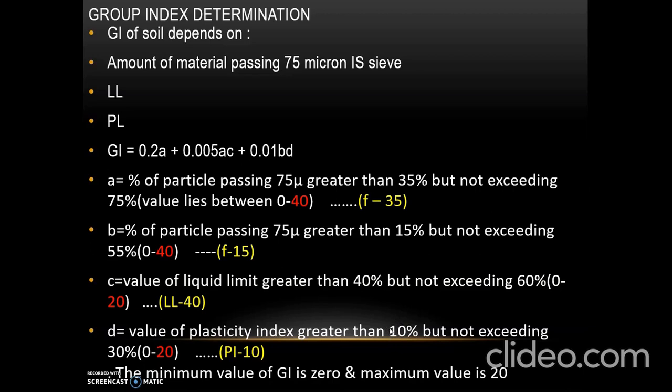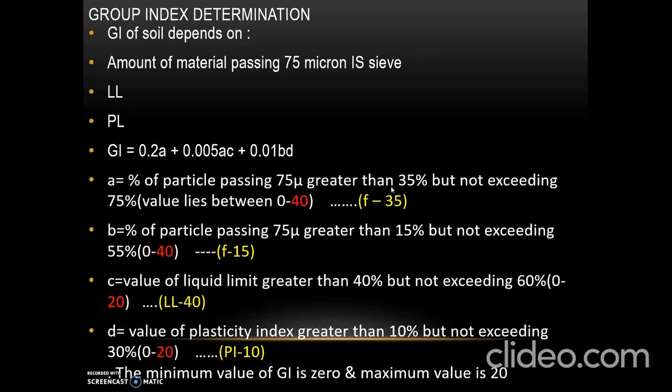If suppose the value is 9%, then we will have to take it as 0. And if it is 20%, then it will be 20 minus 10. That will be 10. So the D value will be 10 in that case. Since 10 lies within the range of 0 to 20, we can consider the value of D as 10.